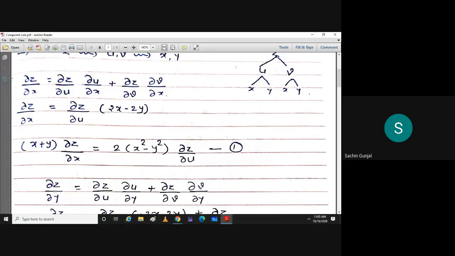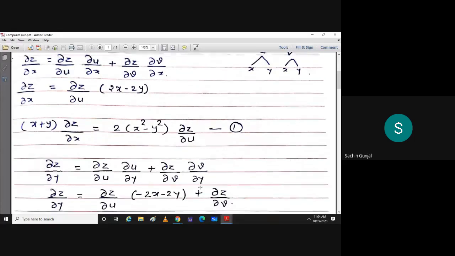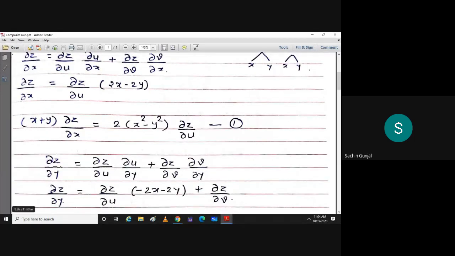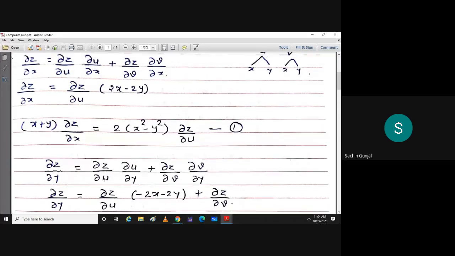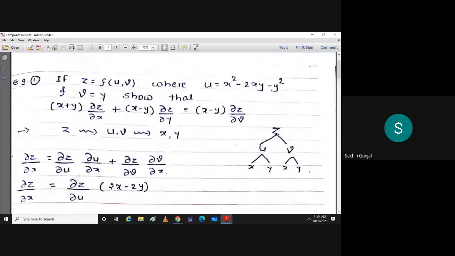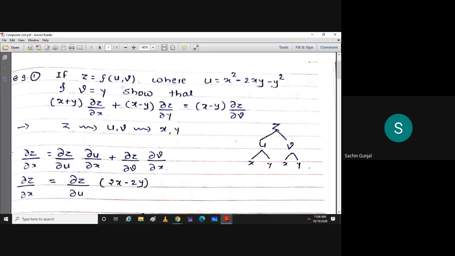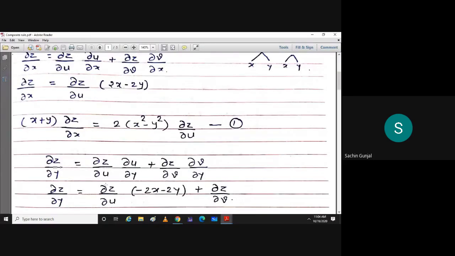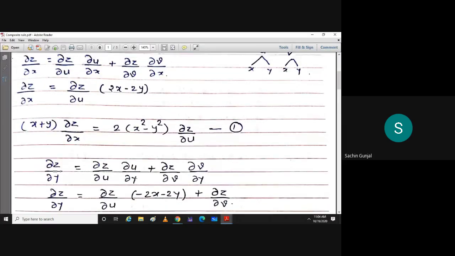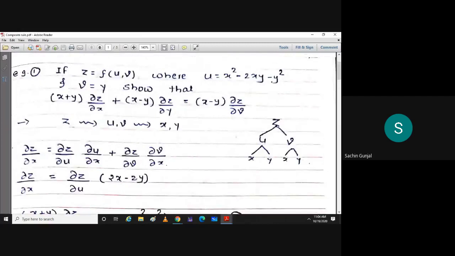So just substitute these values. ∂z/∂y is equal to ∂z/∂u as it is, as I said, you can't find the actual differentiation because the function is not given to you. So ∂z/∂u as it is, times u with respect to y. This is your function u. What is its differentiation with respect to y?